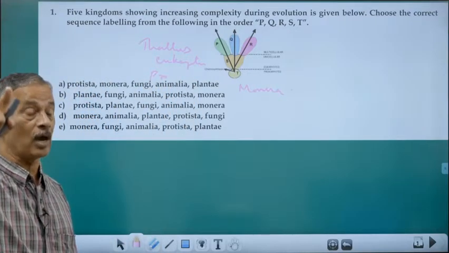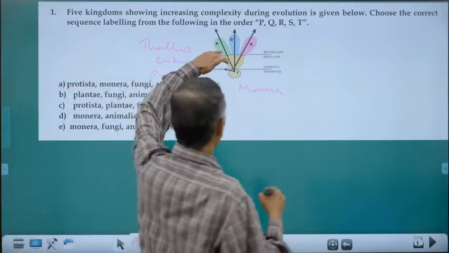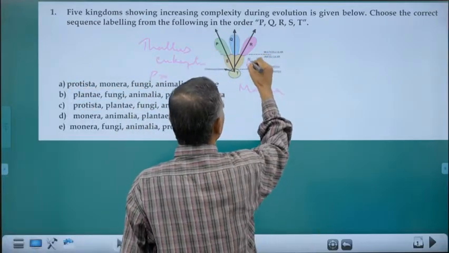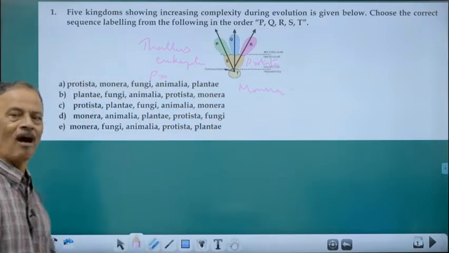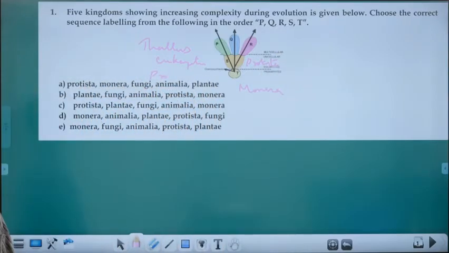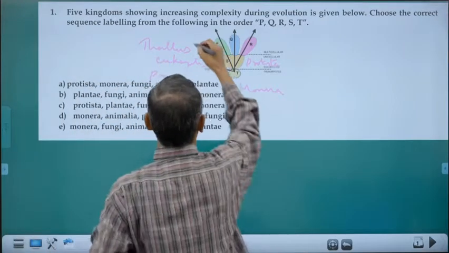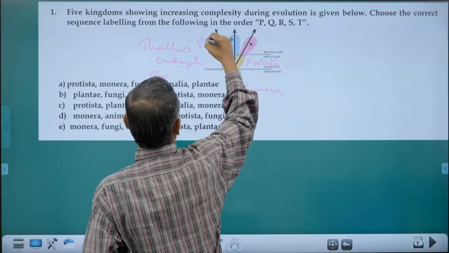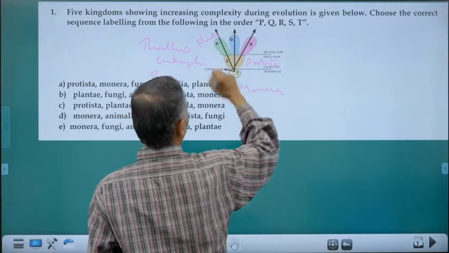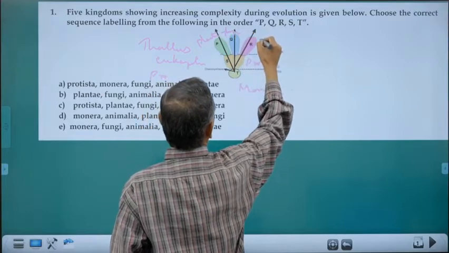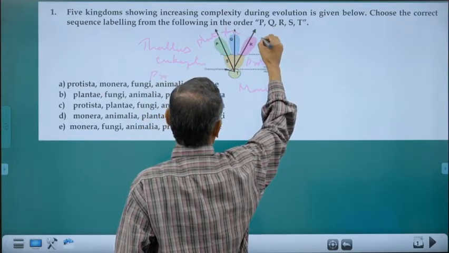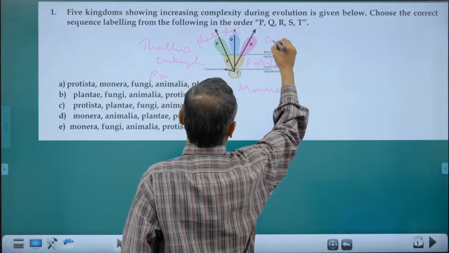So unicellular eukaryotic organisms are all put under Protista, and all multicellular eukaryotes are put under Plantae, which is autotrophic, fungi, which is saprotrophic, and heterotrophic Animalia.